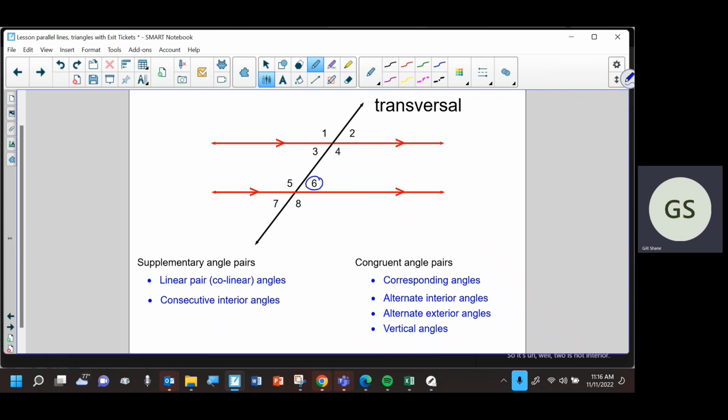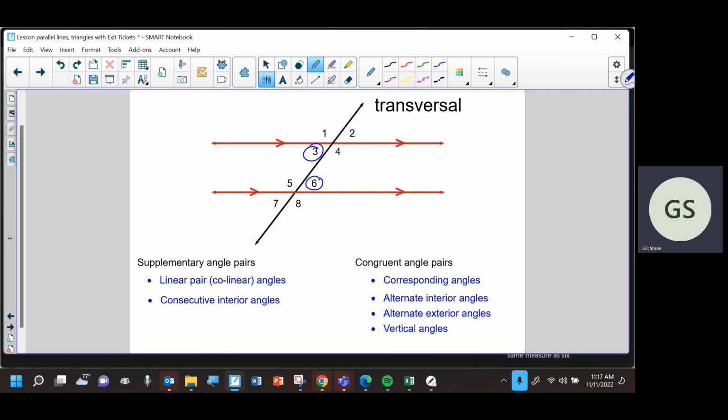I guess it's correct with what I told you. 3. So again, it can't be 5. 5, even though it is on the opposite side, they can't be adjacent. So just remember, they can't be next to each other. The reason is they have the same measure. 5 does not have the same measure as 6.